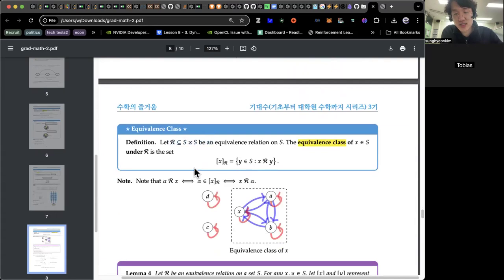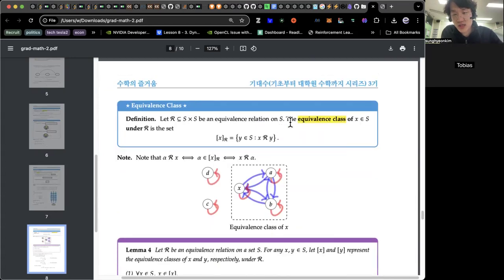Equivalence class is defined based on the equivalence relation. The equivalence class of x, which is an element of S under R, is the set of elements related to x under the relation.